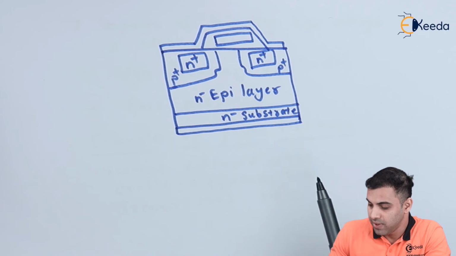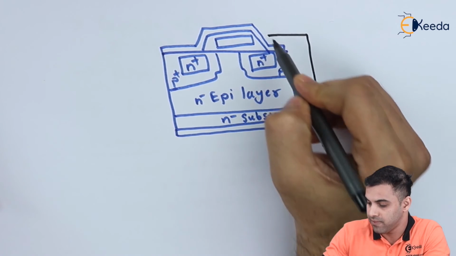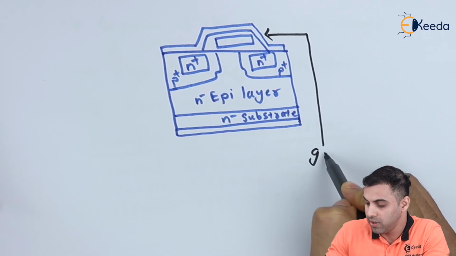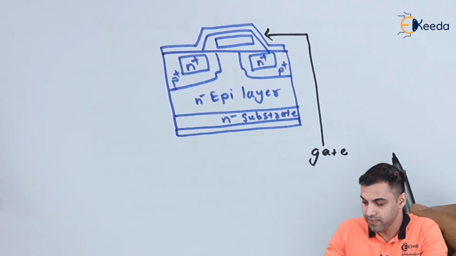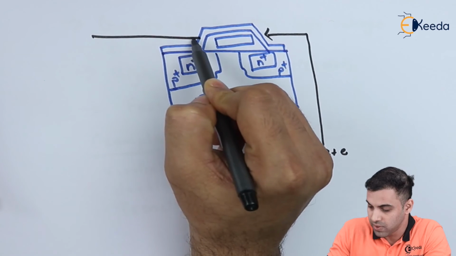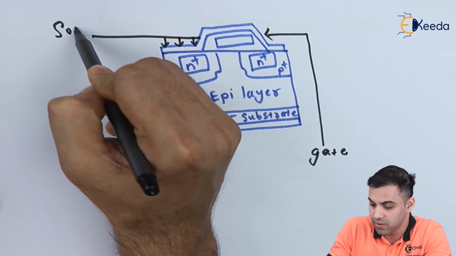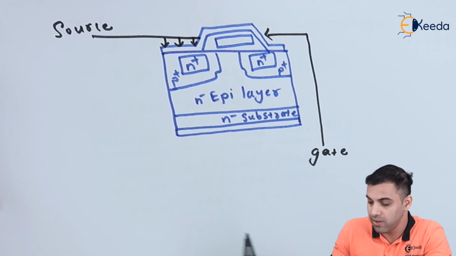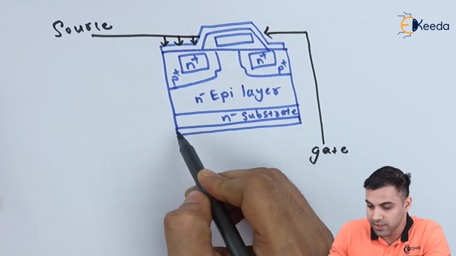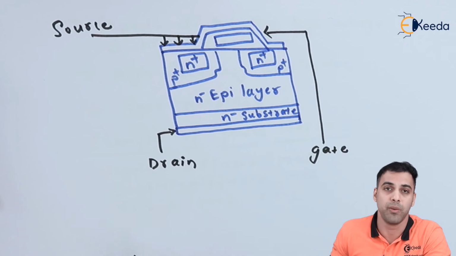Let's say this terminal here is the gate terminal. The entire region here would be the source terminal, and this would be the drain terminal.